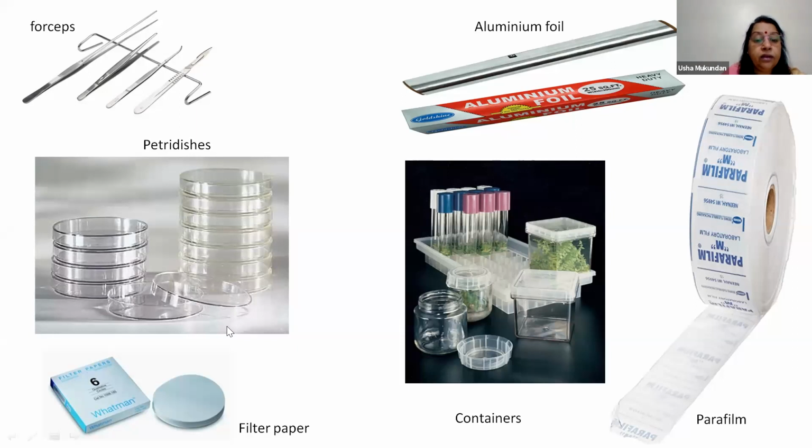Now, the petri dishes, they come either disposable, like you can use it one time and throw it away, or they are stacked, or they are made up of a smaller and a larger one which fit with each other. Then usually for seed sterilization, you use a filter paper which you can place in this area.